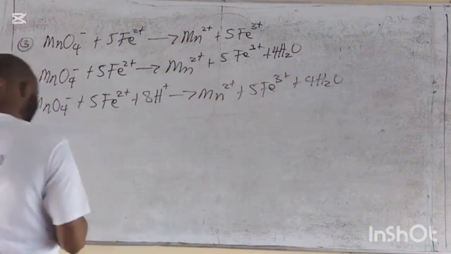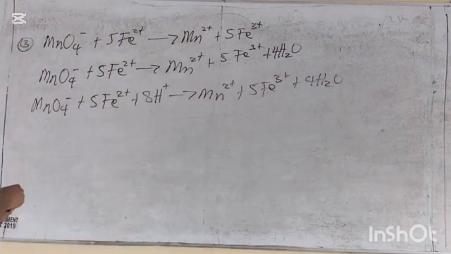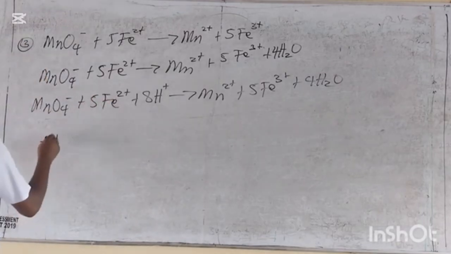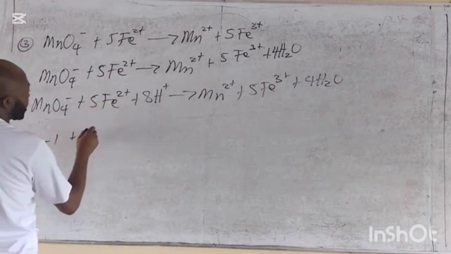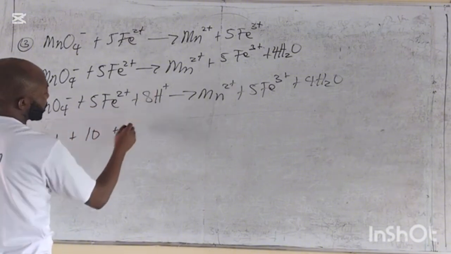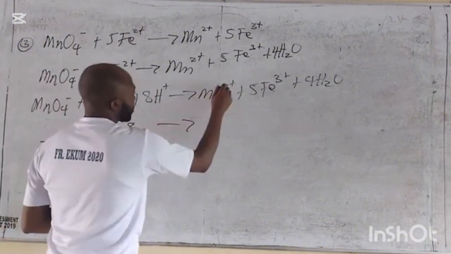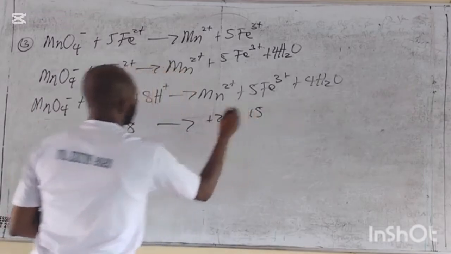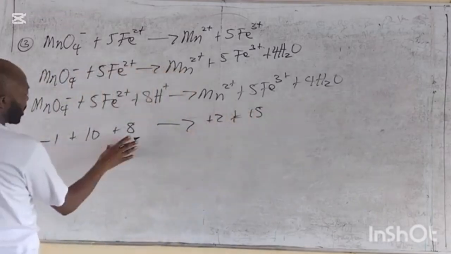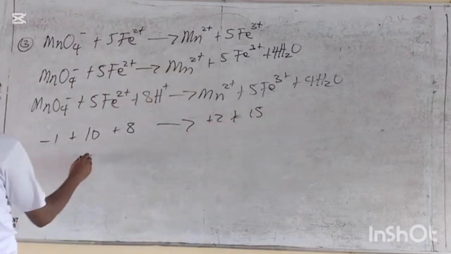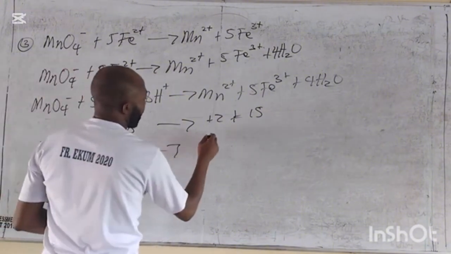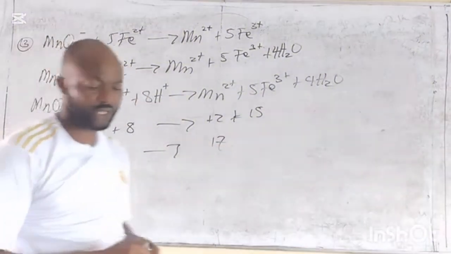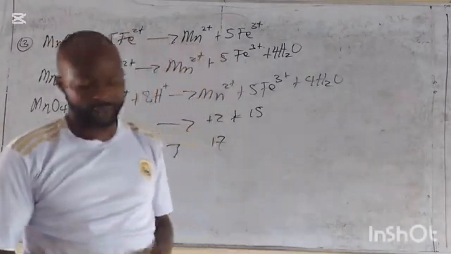Let's check. 1 times minus is minus. 5 times 2 is 10. So we have minus 1 here plus 10 plus 8, giving 17, and plus 2 plus 15 is 17. Seems like they balance, but this one, they didn't start from the beginning.